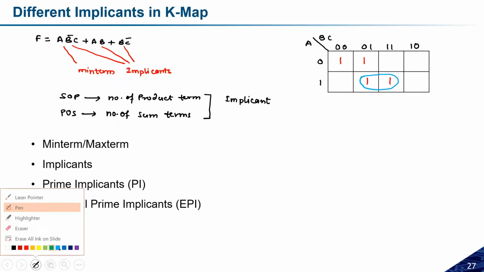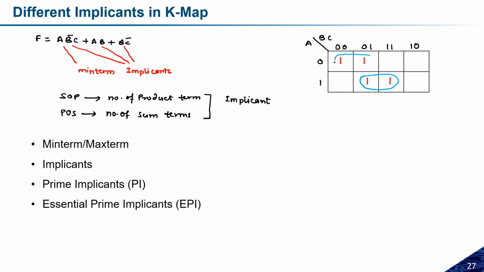Essential prime implicants are the pairs that are sufficient to consider all the implicants in a K map. Here, the essential prime implicants are 2.